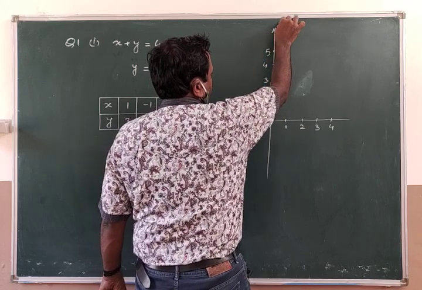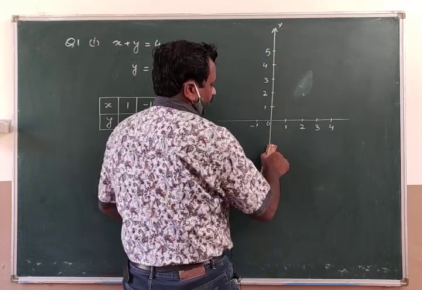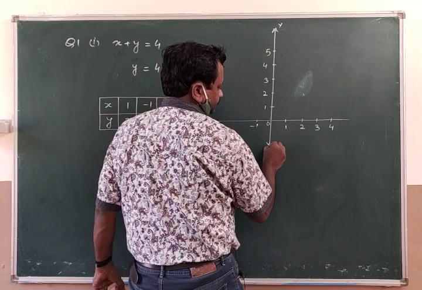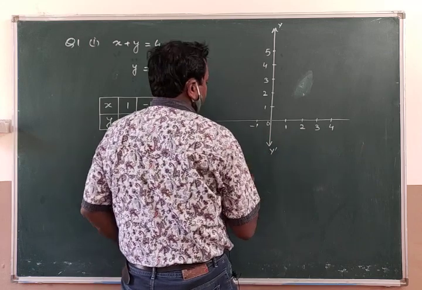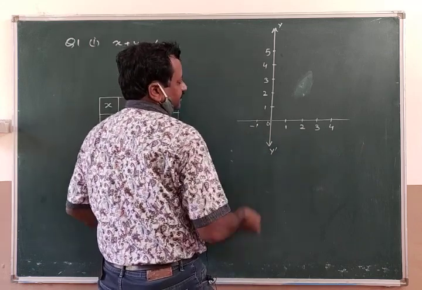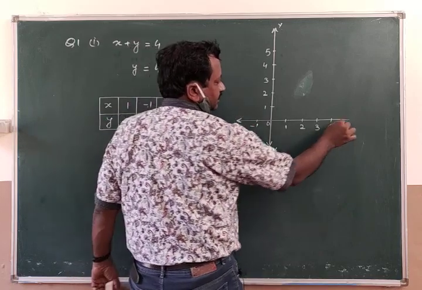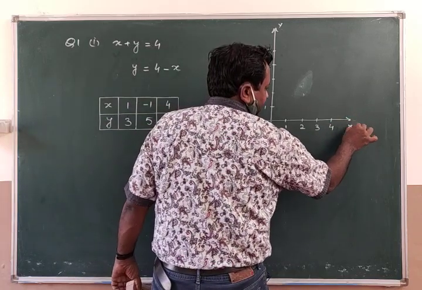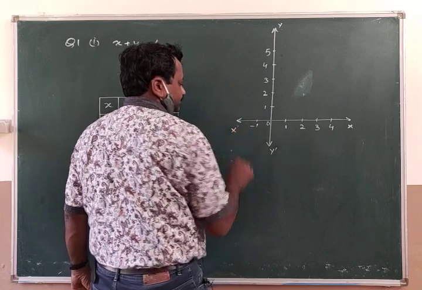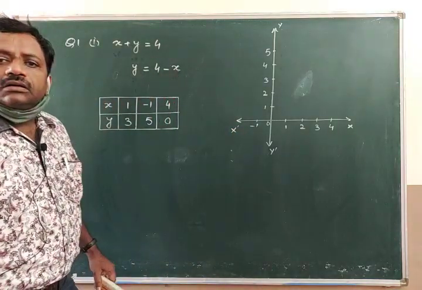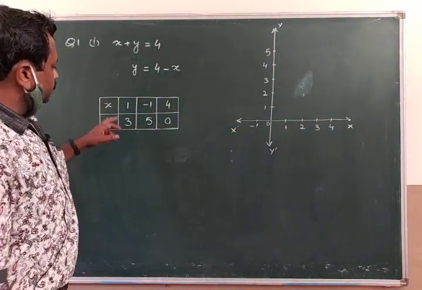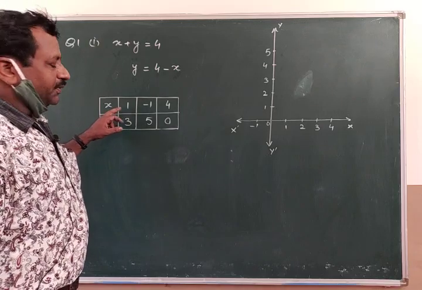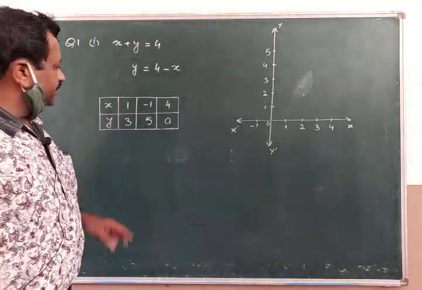This is the y-axis, y dash. This is the x-axis, x dash. Now represent these points in the Cartesian plane.